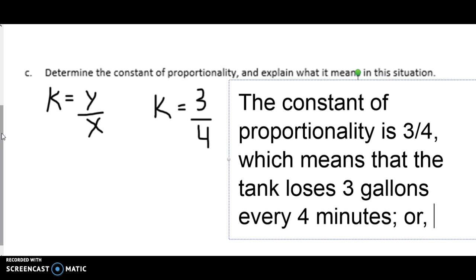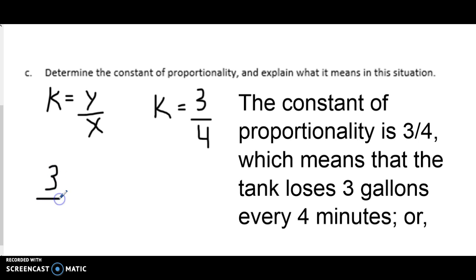Or if we really wanted to make this a unit rate type of constant of proportionality, what I could do is, I'm trying to get this 4 to be a 1 so that I know, well, how much is it losing in 1 minute? So what I could do to both sides here is I could divide by 4 to make sure that my denominator is a 1, so I'm getting a unit rate.